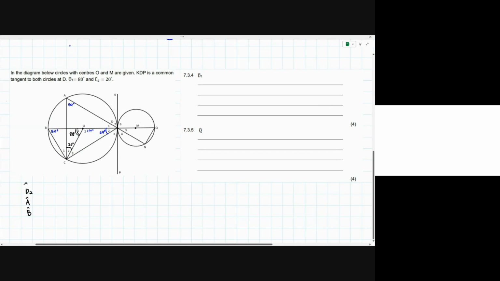So now we want D1. So we want this angle D1. Centers O and M, common tangent. Can I say something I see? I don't know if it's right though. Can't you say OB is equal to OC because of the radii?